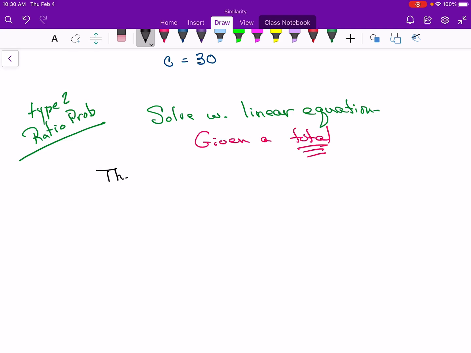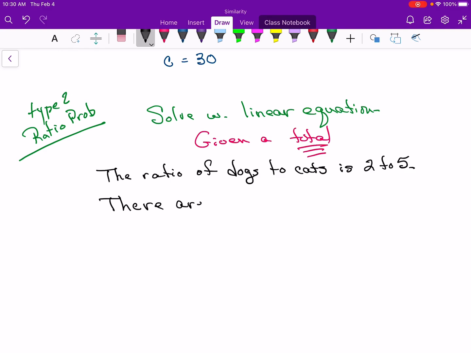Again, the ratio of dogs to cats at this same animal shelter is still 2 to 5. This time, instead of telling us how many dogs or how many cats there are, we have a total of 56 animals at the shelter. How many dogs? How many cats?